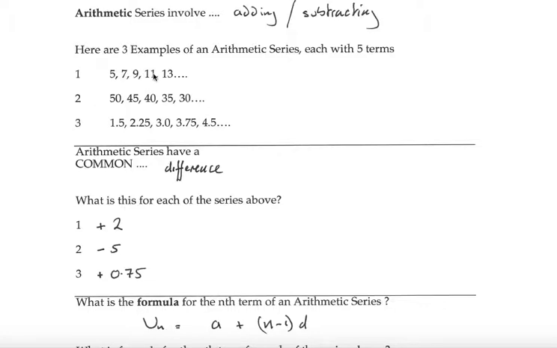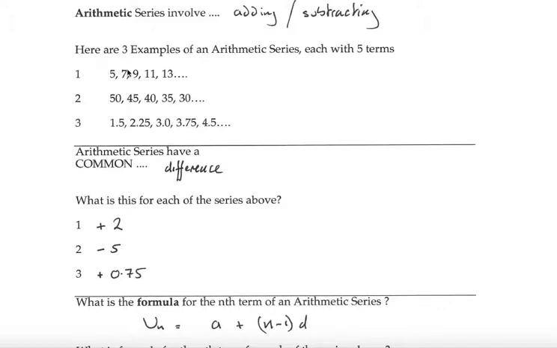For the fourth term, I added on 3 differences. So whichever term I'm at, I've had to add on 1 less than that number of differences. So if I want the 100th term up here, for example, I would do 5 plus 99 differences.